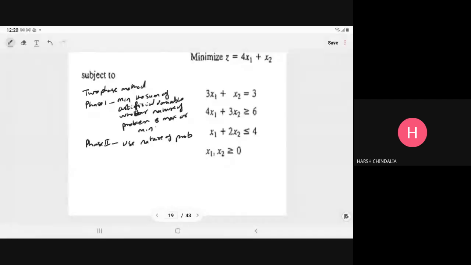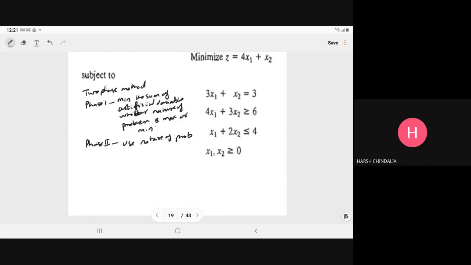So how to do that? Let us see. First, we take: minimize z equals 4x1 plus x2 subject to 3x1 plus x2 equals 3, 4x1 plus 3x2 greater than or equal to 6, x1 plus 2x2 less than or equal to 4. So first we convert it into the standard form.